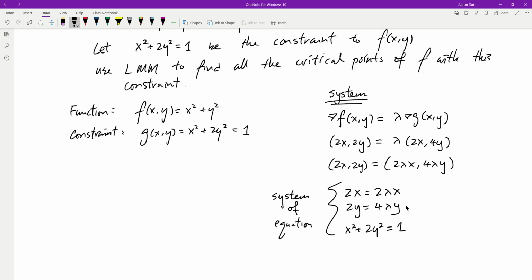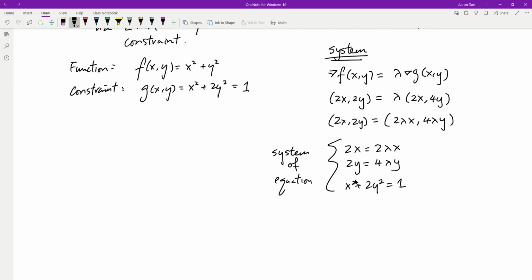That makes for a pretty good system, because when you have the same number of equations as variables, you have the possibility of a unique solution, or at least a finite solution, compared to infinite solutions. This system is definitely non-linear because of the x squared and y squared, and lambda times x and lambda times y. Those are not allowed in a linear system.